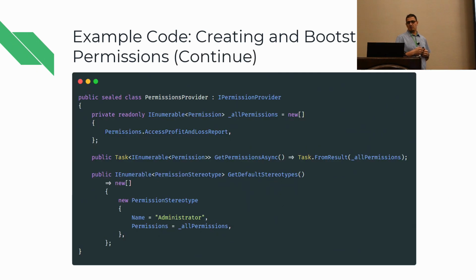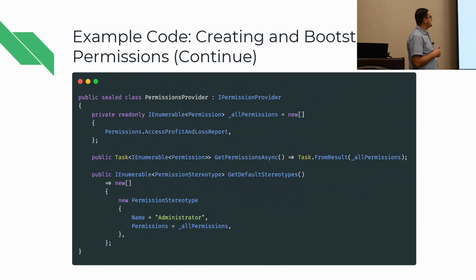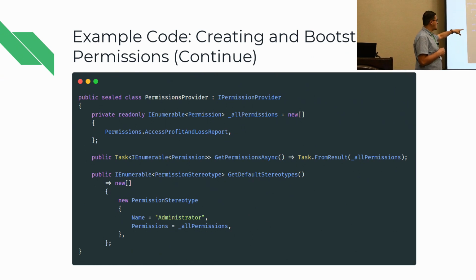And I implemented here the permission provider. There are two methods: GetPermissions, and GetDefaultStereotypes. GetPermissions allows you to say, hey, here are all the custom permissions that I want to use later, so you're aware of them. And the default stereotypes allow you to, by default, grant specific roles this permission.